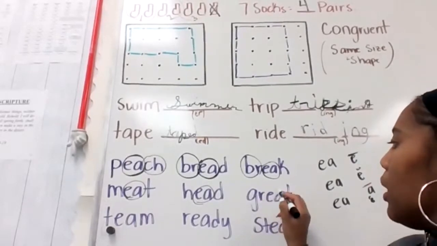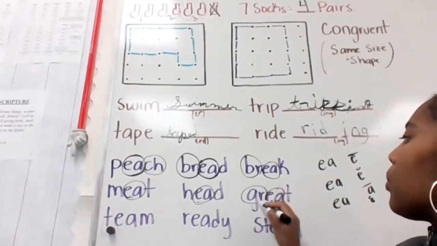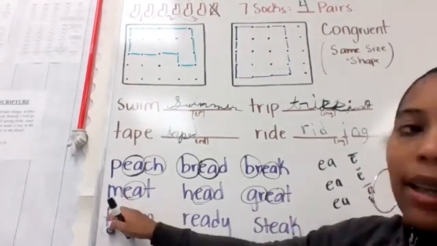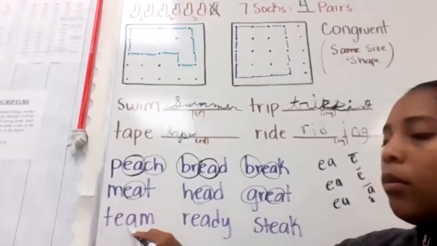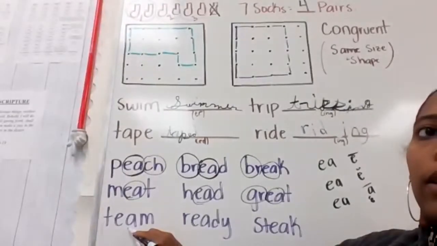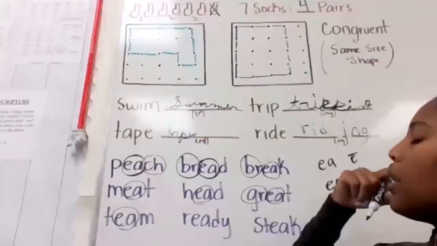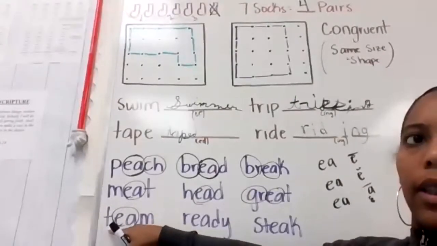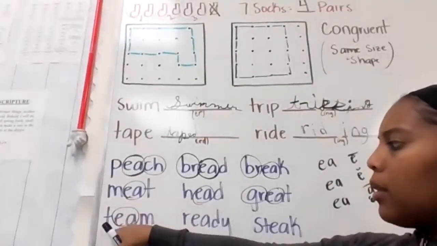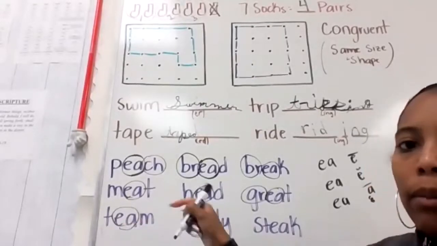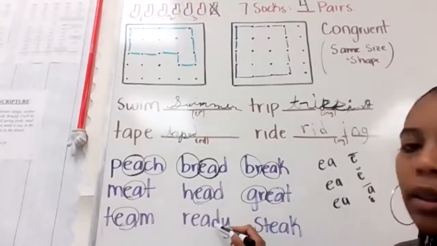Sounds. EA. What's the word? Great. Next one, Taylin. Special sound. EA. What's the word? Meat. T, you're reading this one. Teeth. Team. Okay, Dennis, back to you.